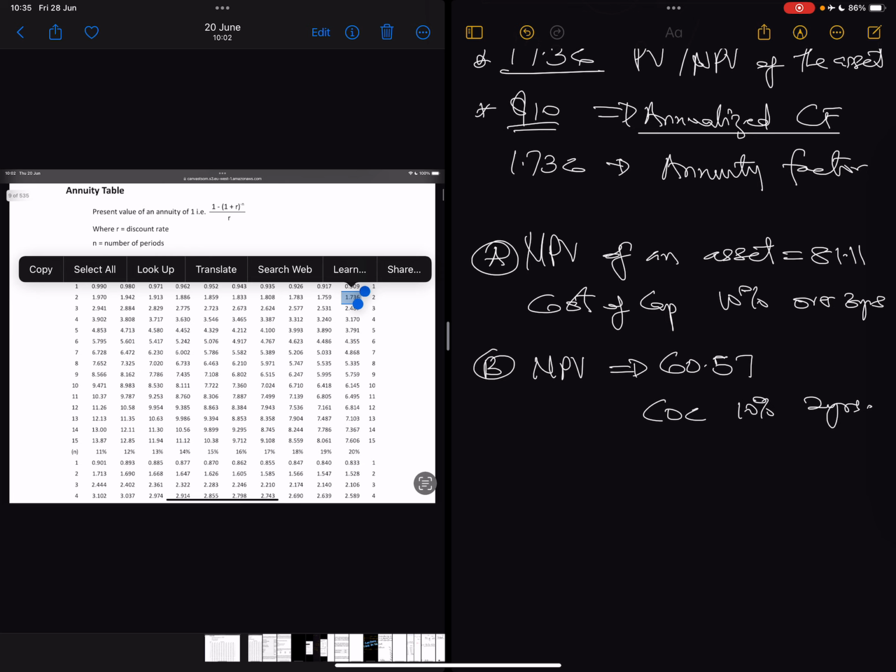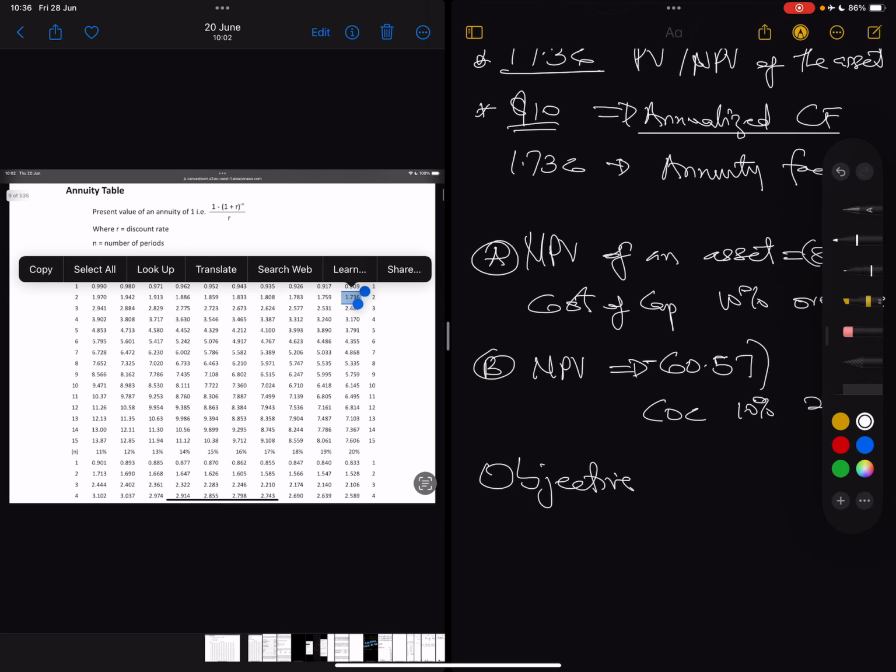Remember, because we're looking at asset replacement, our objective, the way we take a decision, let me make this NPV negative so that it shows that it's a cost.